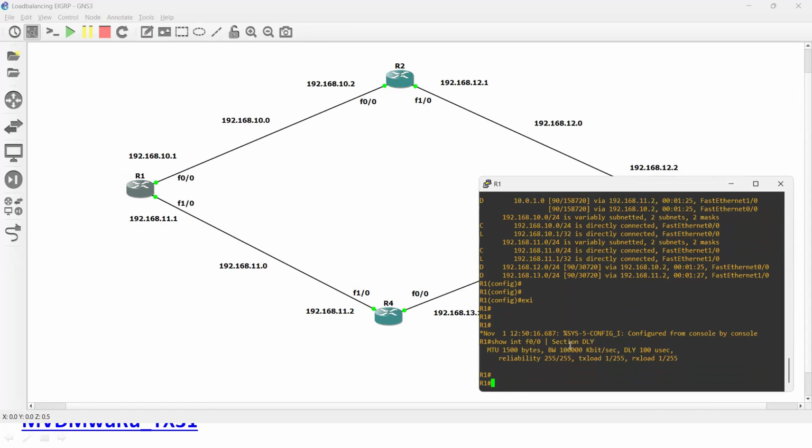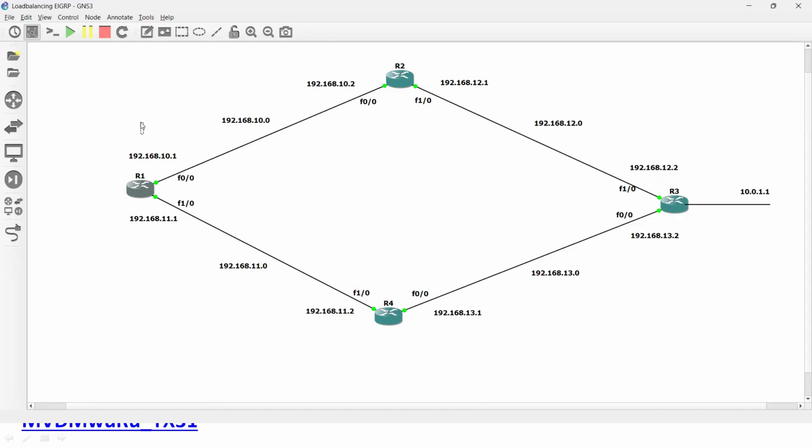So here we can see that the bandwidth is 100K, delay is 100 microsecond. So let's mention that bandwidth 100K and delay is 100 microsecond.